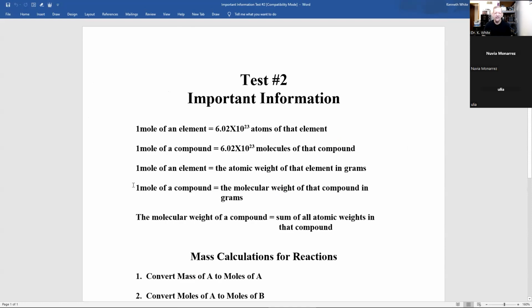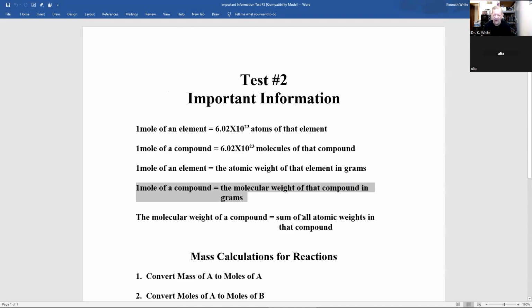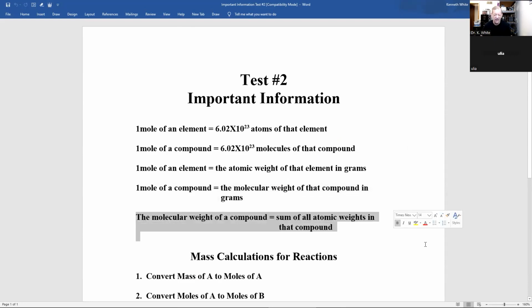By the way, this file, what you see on your screen, is located in the lecture folder of Blackboard for 1105, and it's got the secret name, important information test number 2. And we'll see here 1 mole of a compound equals the molecular weight of that compound. And the molecular weight of that compound is the sum of all atomic weights.